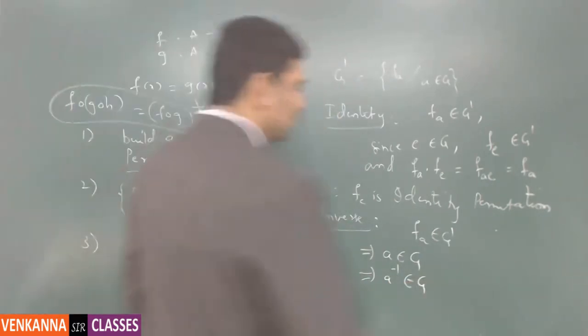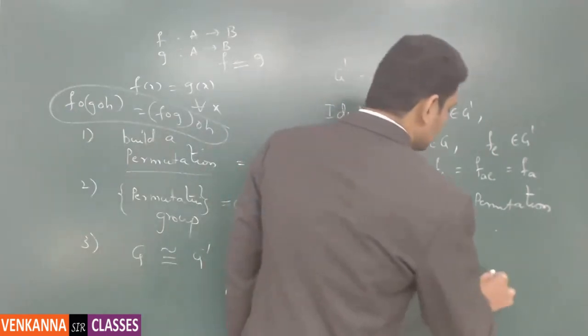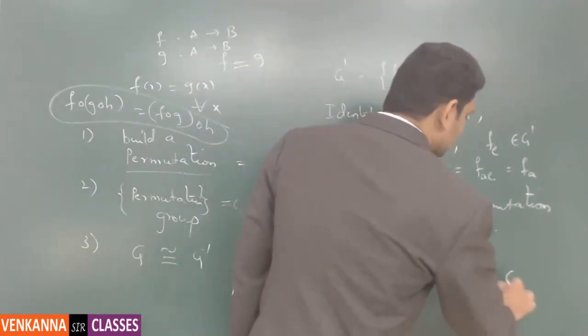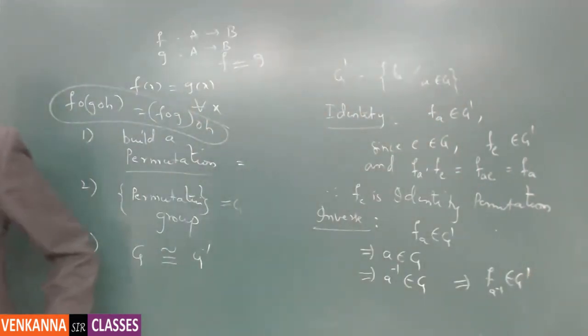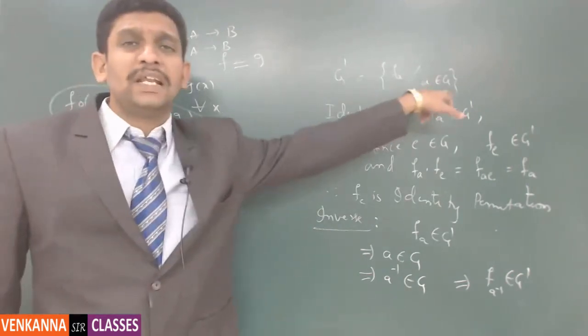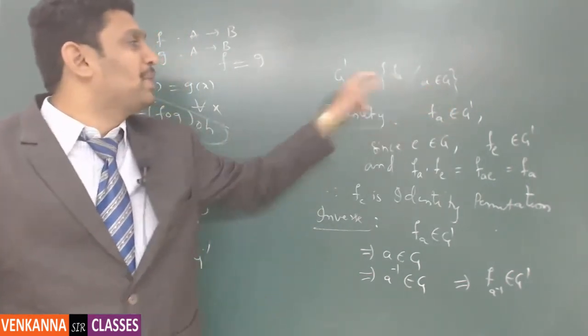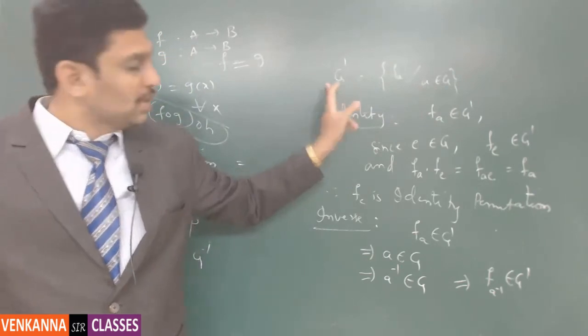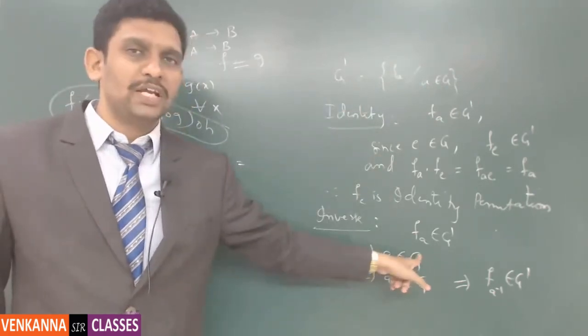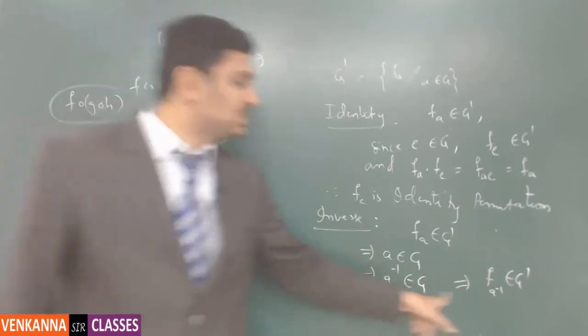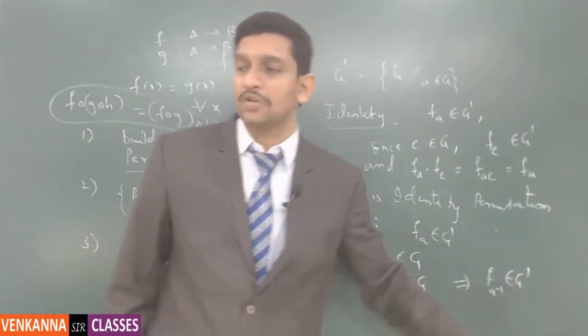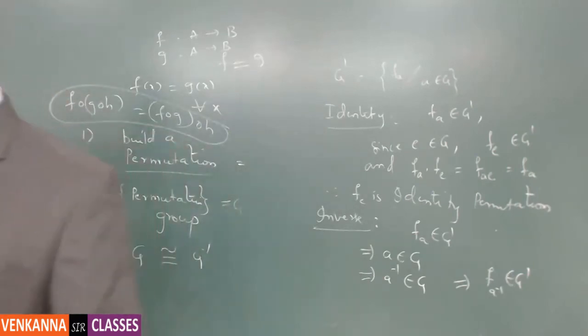So as per the definition, F A inverse belongs to G dash, because how is the permutation group defined? For every element in G, the corresponding permutation will be here. So if A belongs to G, A inverse belongs to G, so the corresponding permutation F A inverse will belong to G dash.